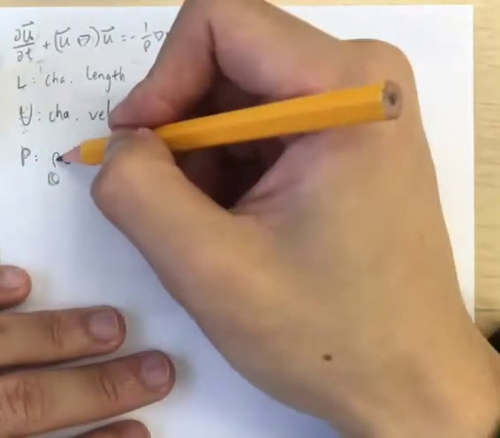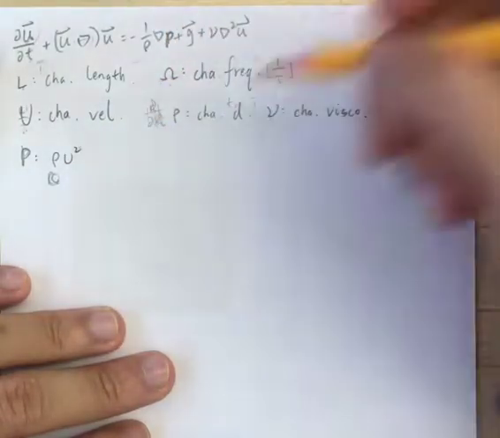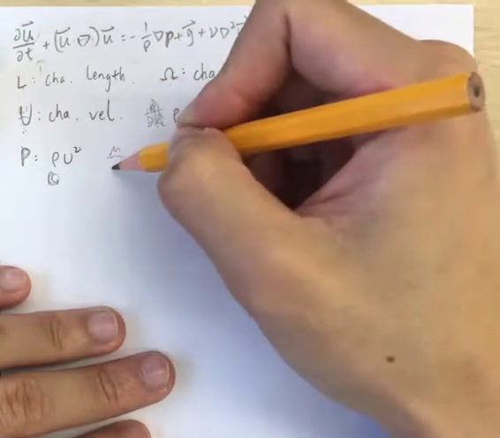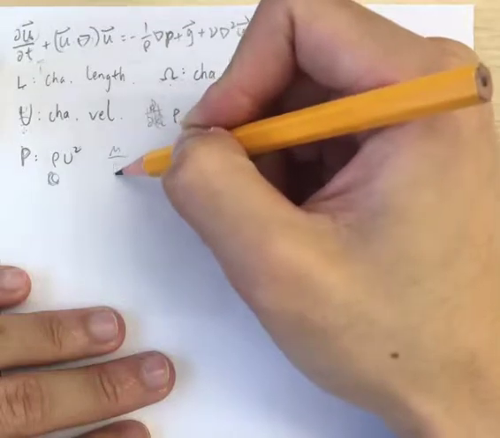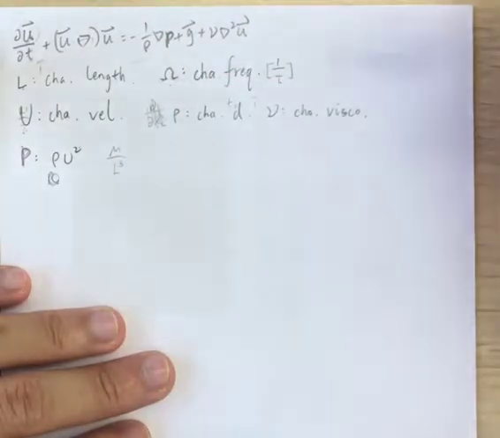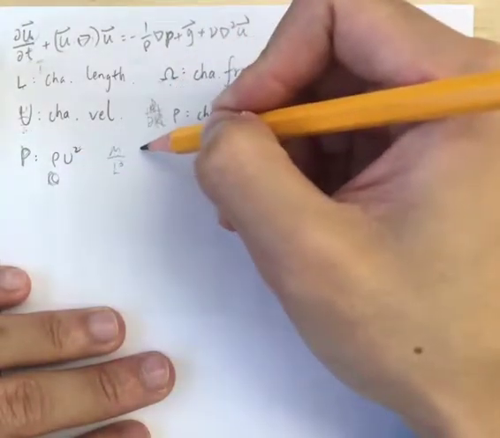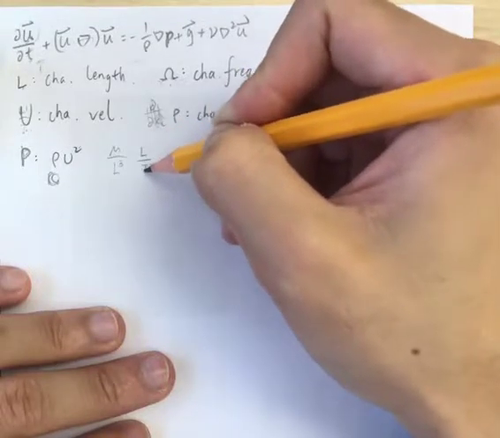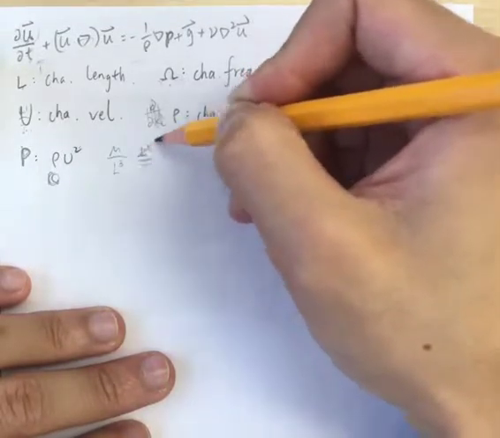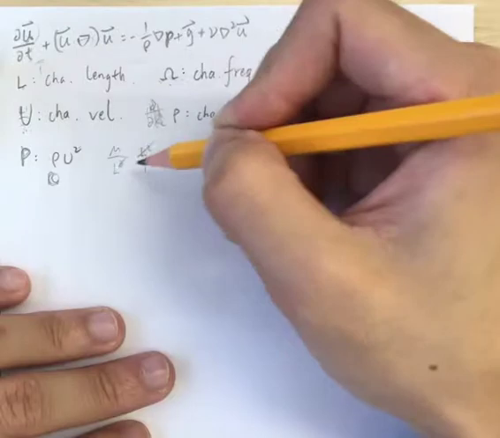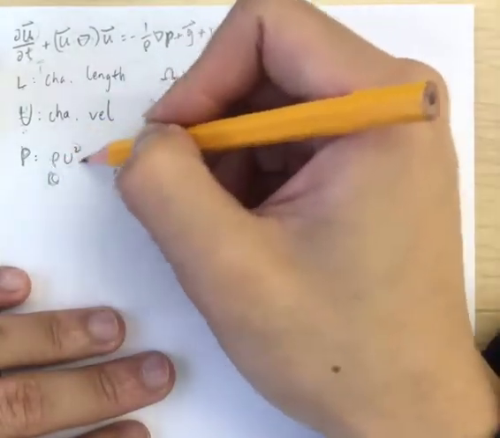Let's check that. Rho has the dimension of what? Mass over volume, right? Mass over volume. And U has dimension of length over time. So this thing squared should give us M over L T squared. This is the dimension of rho U squared.